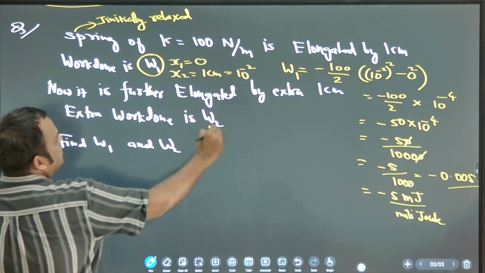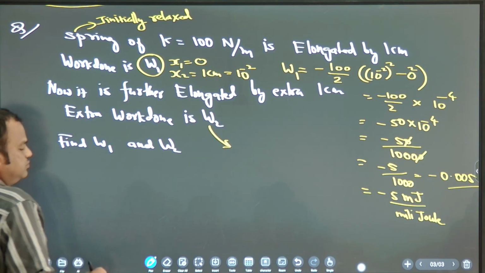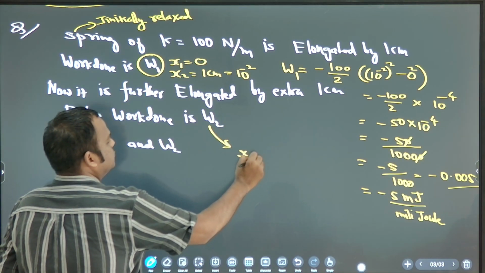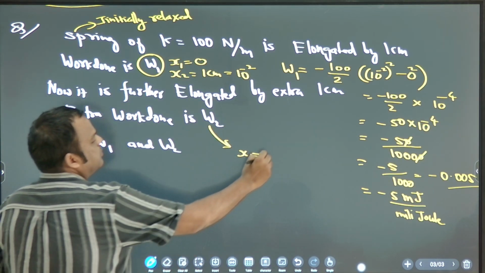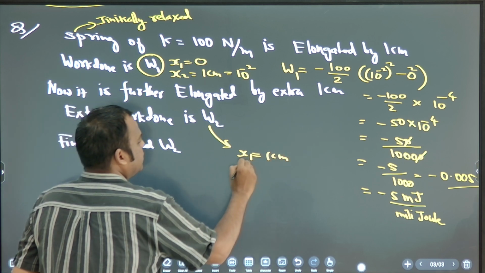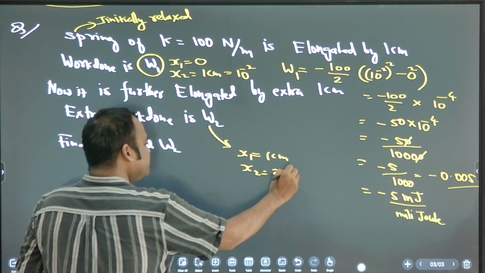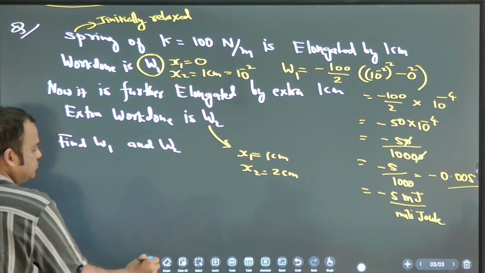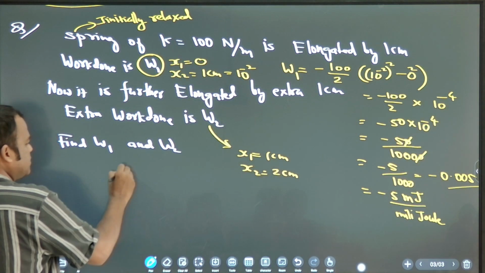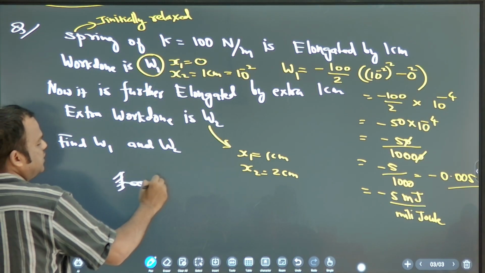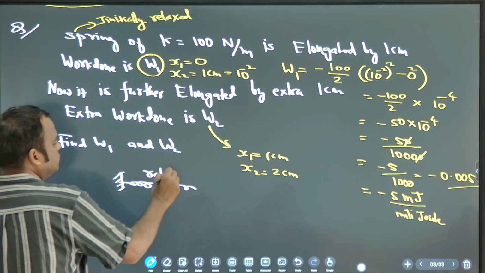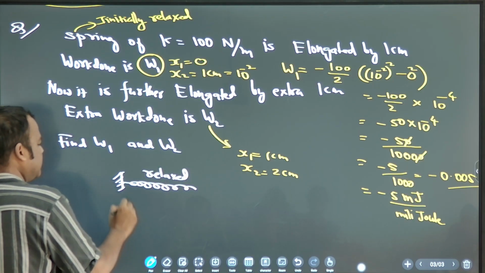For the second work done, what is x1? 1 centimeter. Very good. And what is x2? 2 centimeter. Okay. So initially the spring is relaxed.